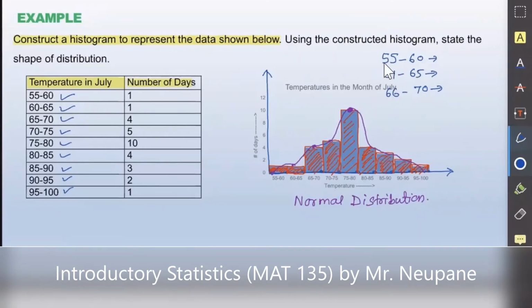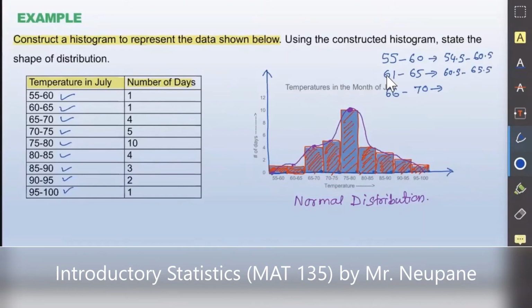So from 55, we subtract 0.5, so it will be 54.5 up to 60.5. In the upper limit, you add 0.5. In the lower limit, you subtract. In the upper limit, you add. So the second one will be 60.5 up to 65.5.